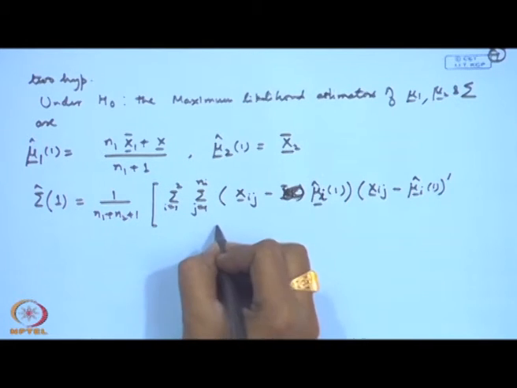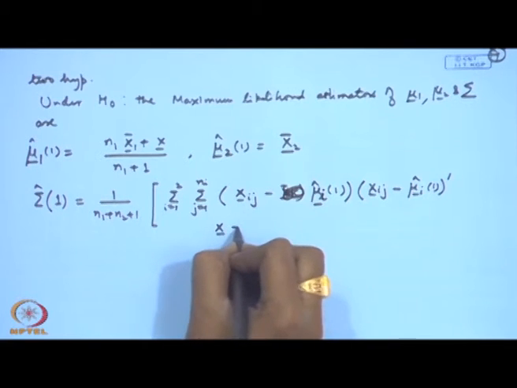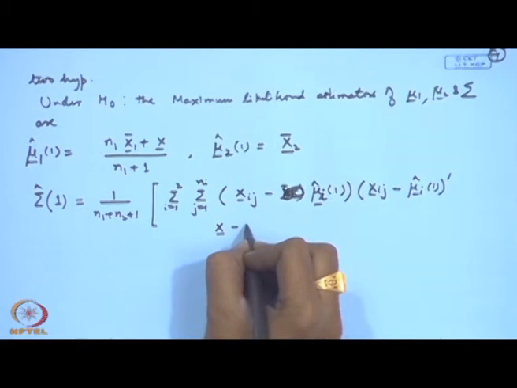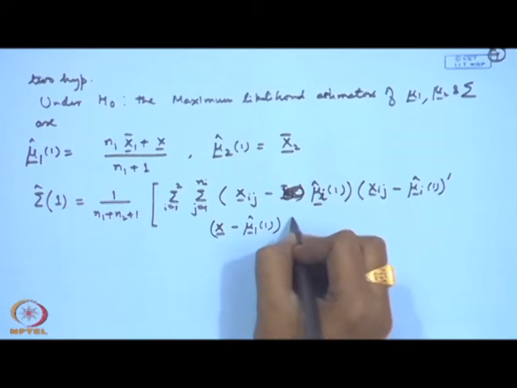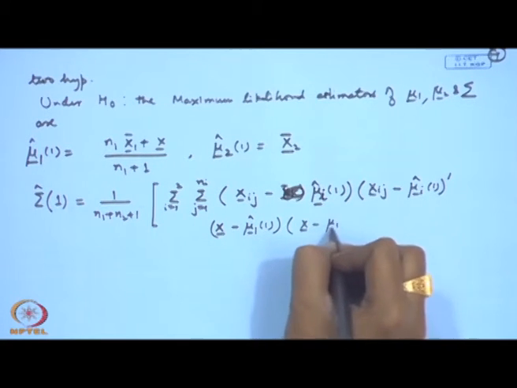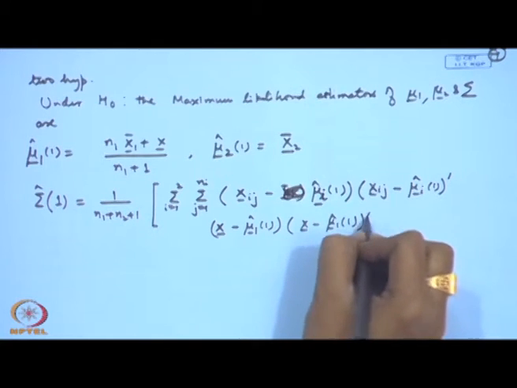If you consider x, then (x minus mu 1 hat 1)(x minus mu 1 hat 1) transpose.